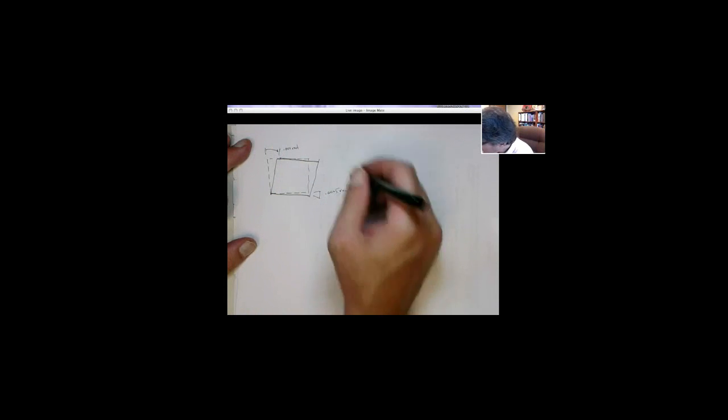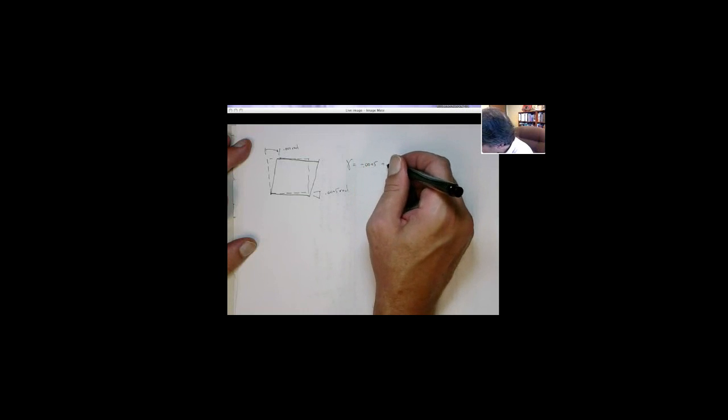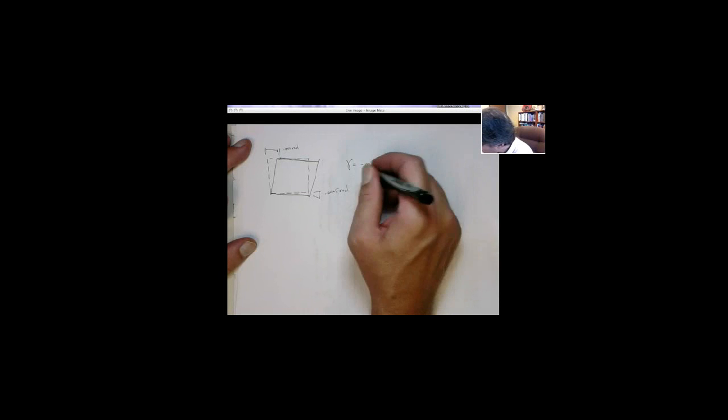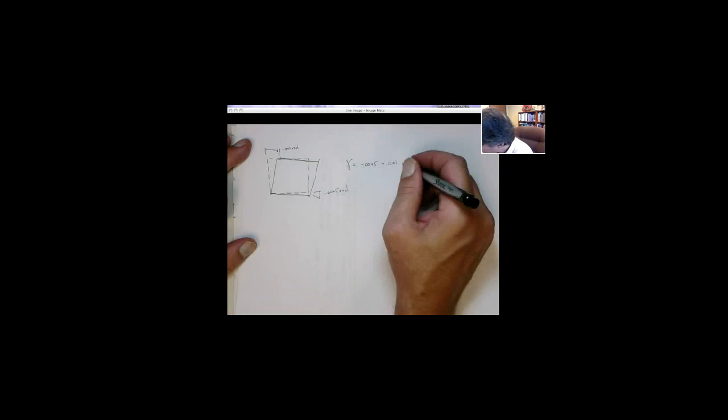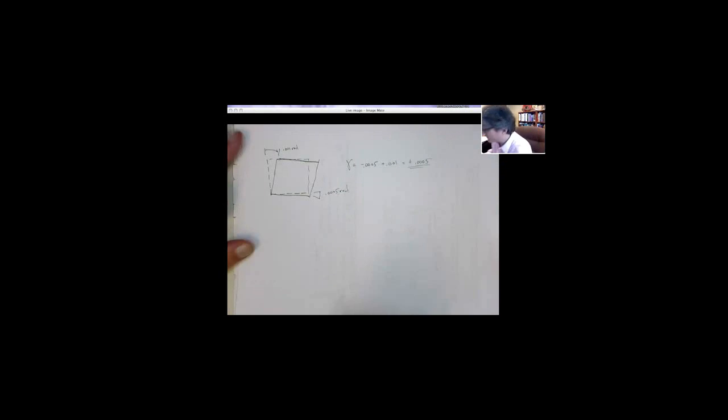Okay? That means the shear strain here is minus 0.0005 plus 0.001. Now, why the minus here? Because this is a negative rotation. So this gives me a shear strain of 0.0005, positive. Okay?